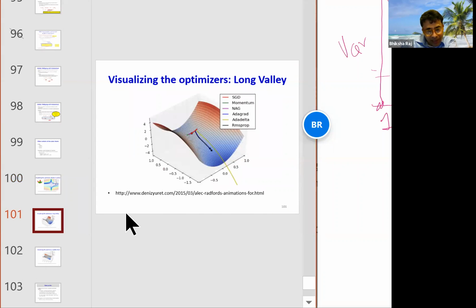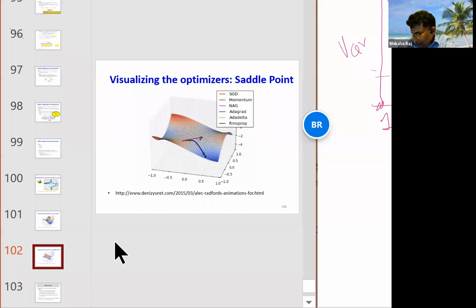In this case, AdaDelta took off very early, and SGD just got stuck in the middle and never moved, because that's where the derivative was 0. Nesterov and Adam swung around for a bit, but then Nesterov and momentum came down really fast and beat RMSProp and some of the other techniques. If you plotted it all the way to the end, I think you'd find that Nesterov gets there fastest.